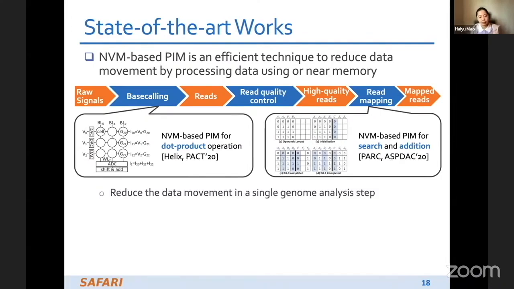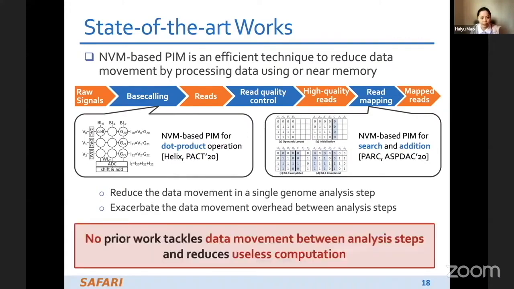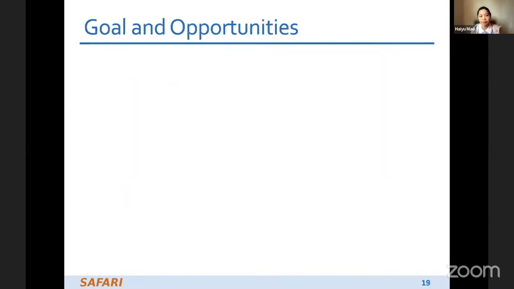These in-memory accelerators do reduce the data movement within a single genome analysis step. However, they exacerbate the data movement overhead between the analysis steps. We conclude that no prior work tackles data movement between analysis steps and reduces the useless computation.